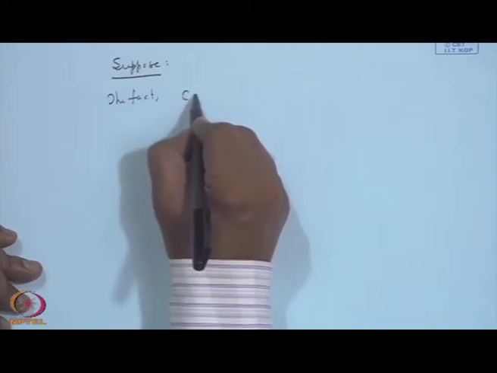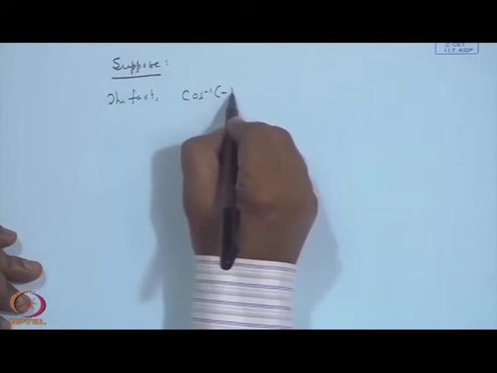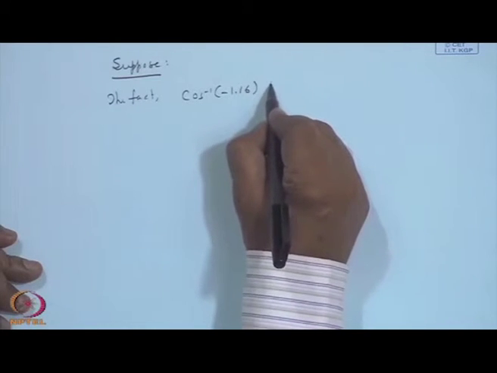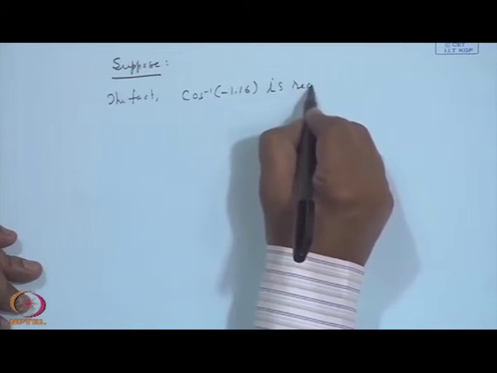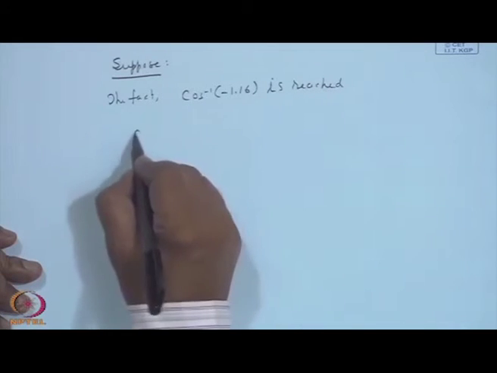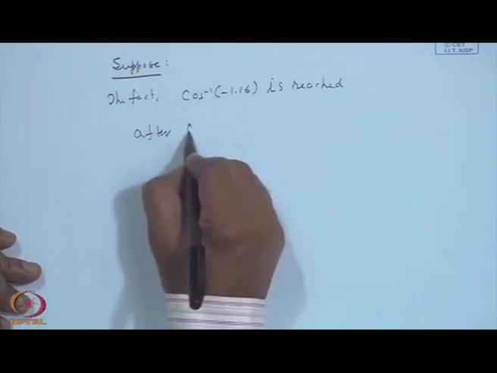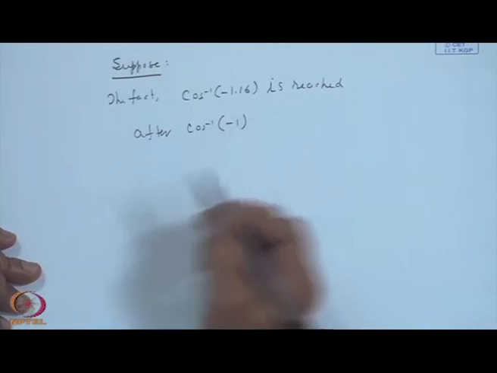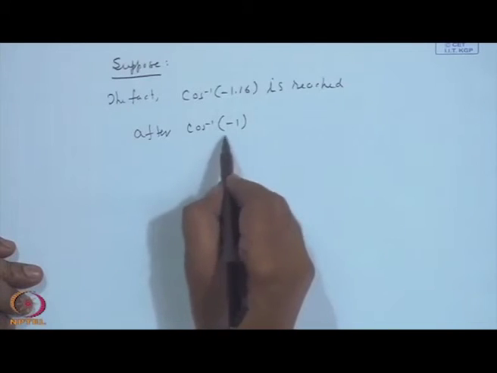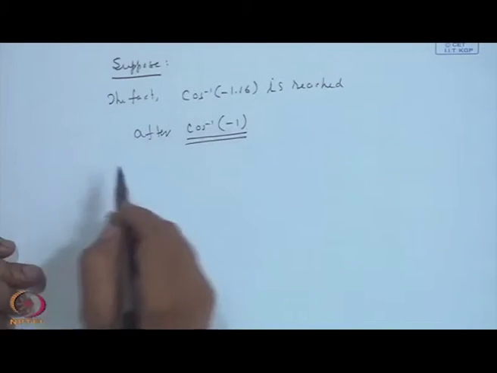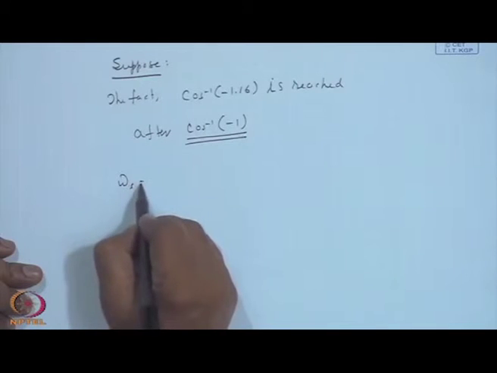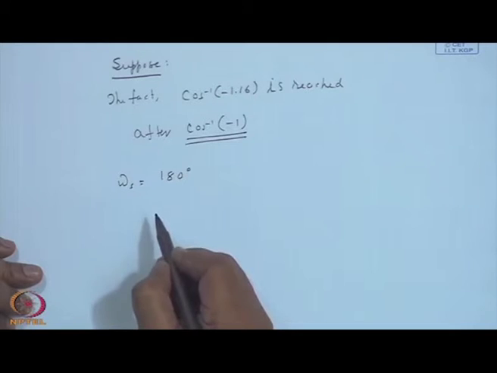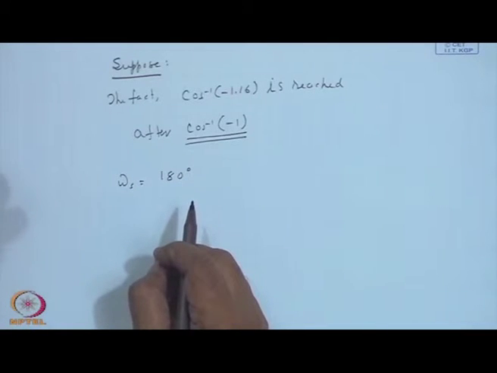This cosine inverse of minus 1.16 is reached after cosine inverse minus 1. So what I shall do is take this as the limiting case and set omega s equal to 180 degrees, because the value is minus 1 for a certain declination.